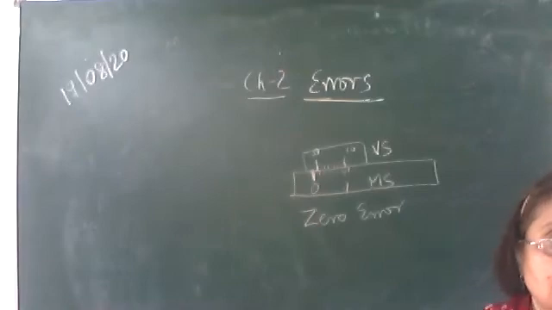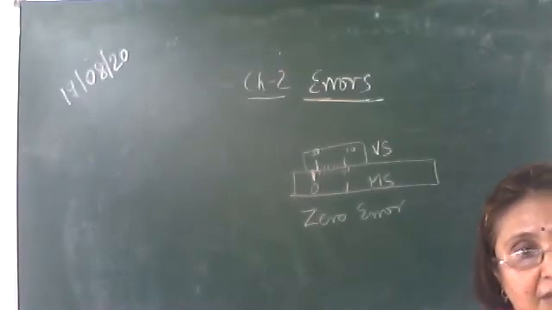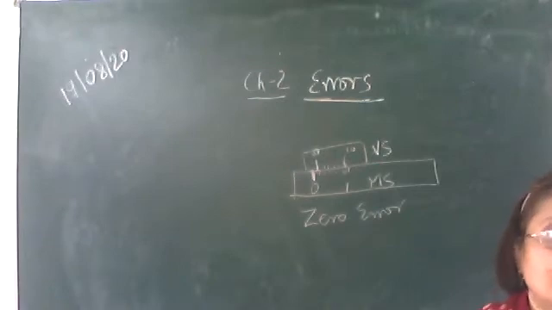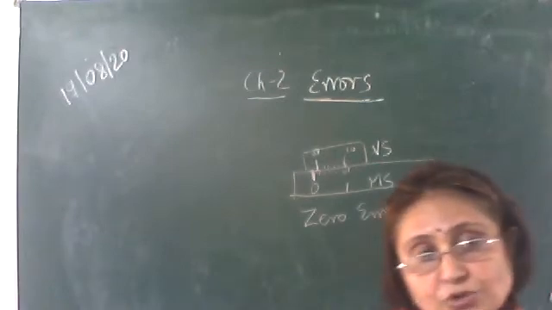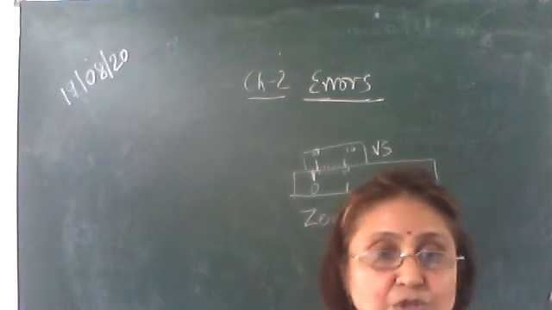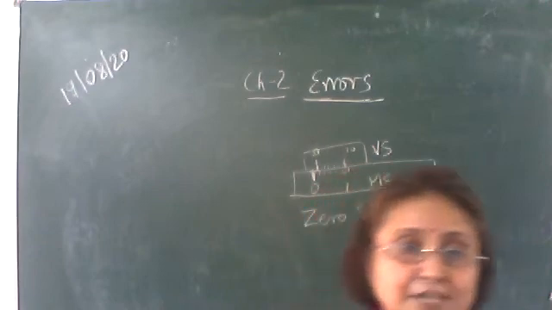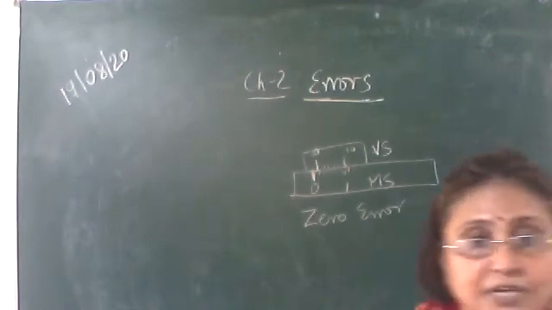So if you use a metallic scale in summer to measure the length of a table or a scale, some error will arise because the metallic scale has expanded. So due to a change in external conditions, like temperature, pressure, etc., some error may arise, and we call this the error due to the change in external conditions.